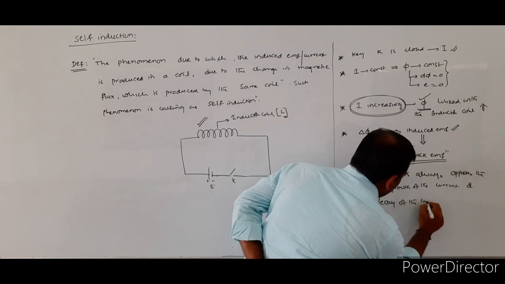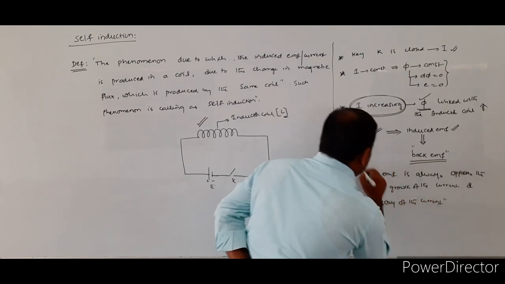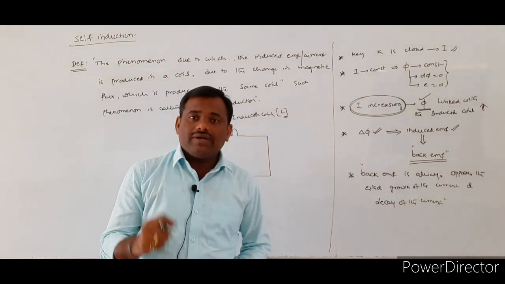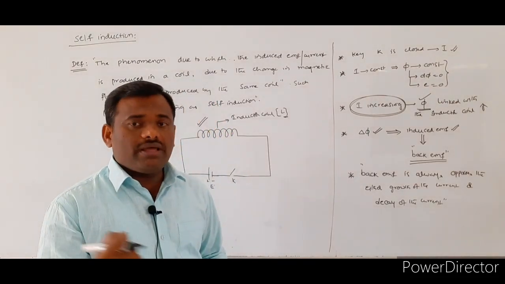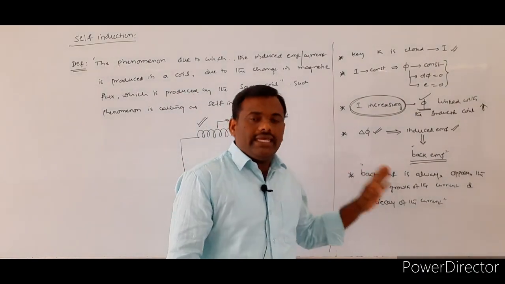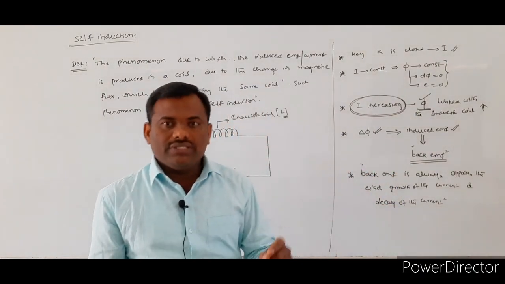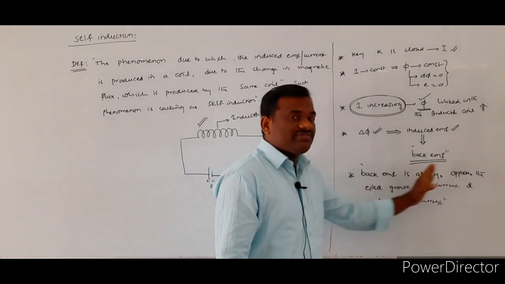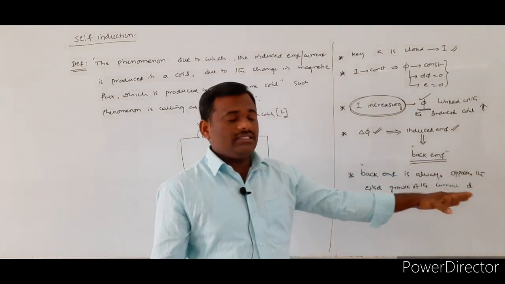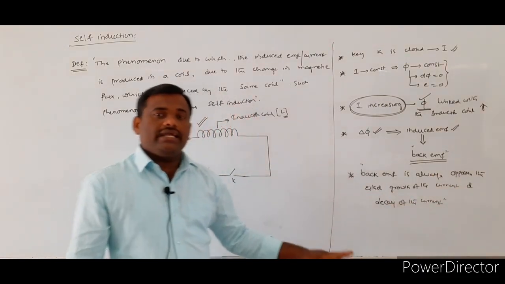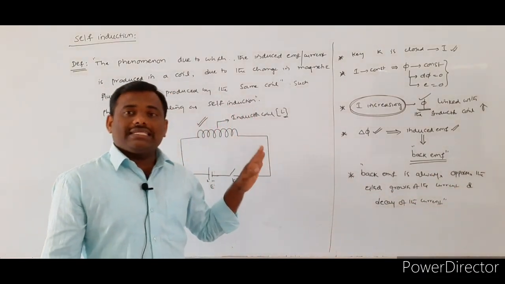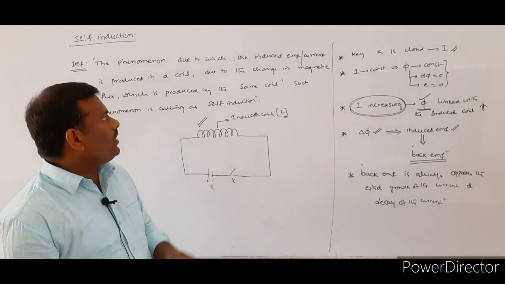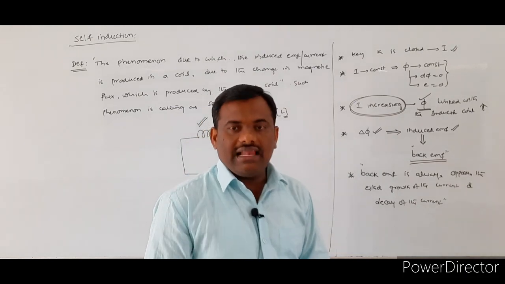So what is the main role of this back EMF? This is a 2 marks question, very important: define the back EMF and state its role. The back EMF always opposes either the growth of the current or the decay of the current passing through the inductor coil. So this is what self-induction is about.